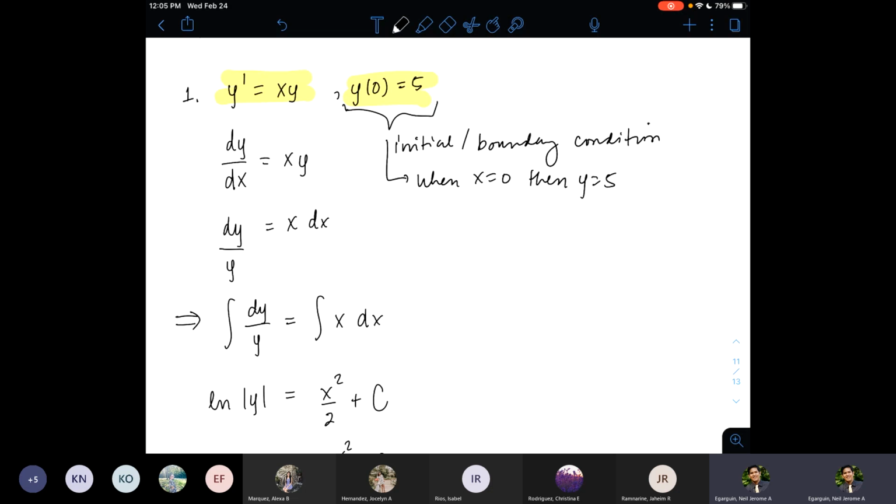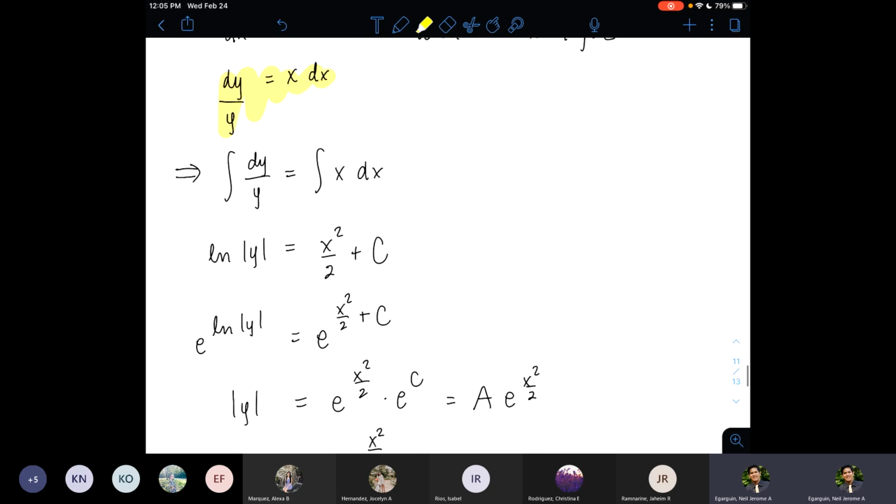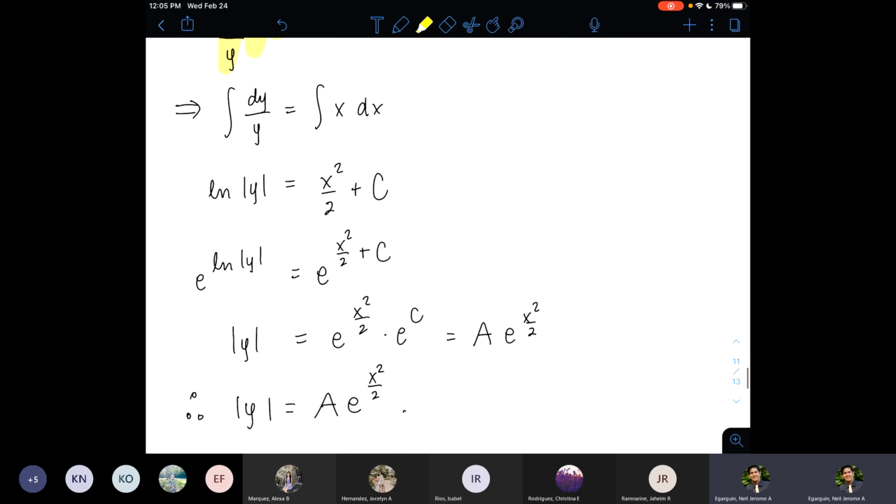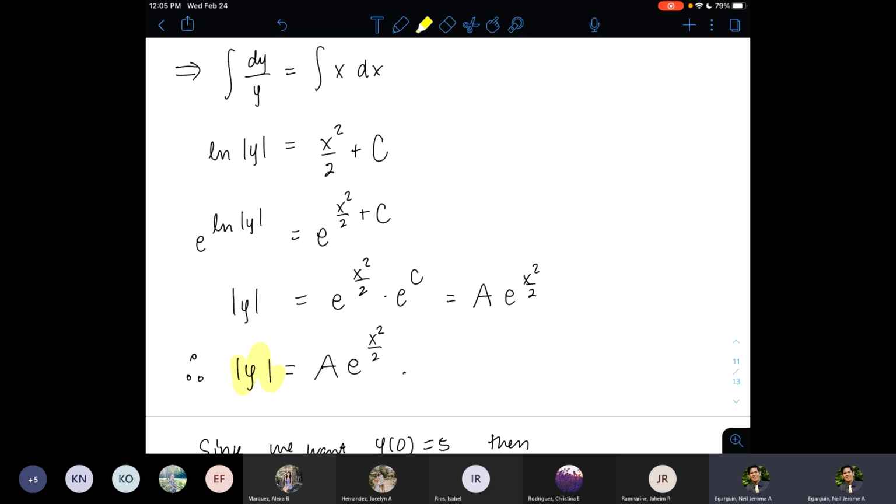So if you remember, we went through this process last time. I separated the variables. Once the variables were separated, I integrated both sides of the equation. And I came up with this general solution. This is, again, a general solution because A stands for any constant that you can think of, right?